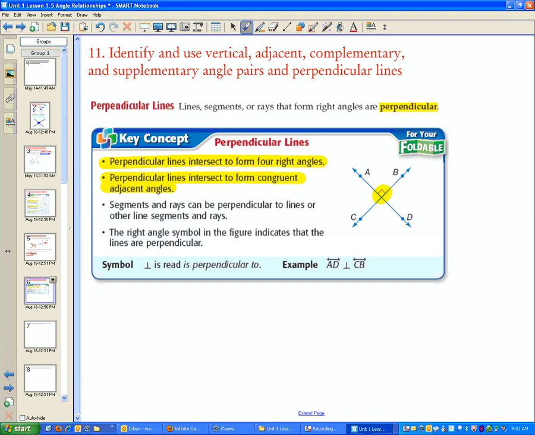It means them all. So use whichever one's most convenient for the problem you're working on. Okay? Now, the upside down T is the perpendicular symbol. So this means line AD is perpendicular to line CB. Okay? All right, did you already know all of those things about perpendicular lines?